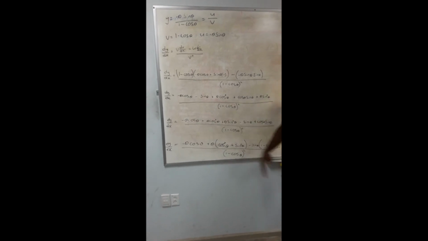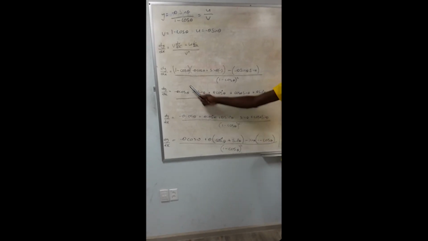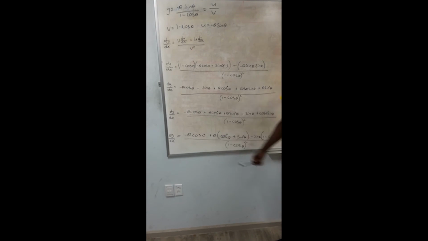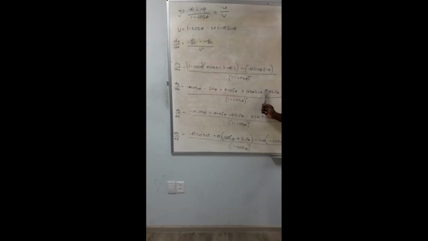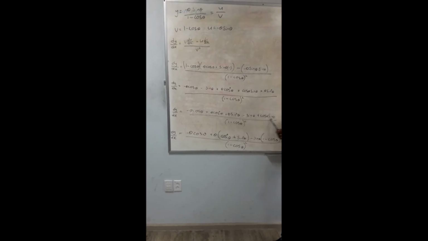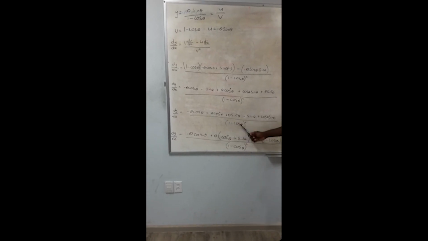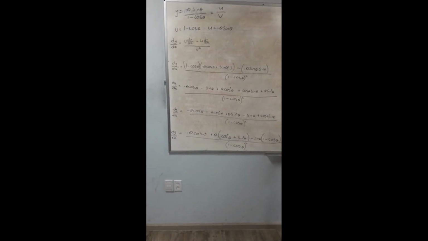At this point, all you need to do is group like terms. So we put this back here, group the squares, and group the sine with this term here, all upon (1 minus cos theta) all square.